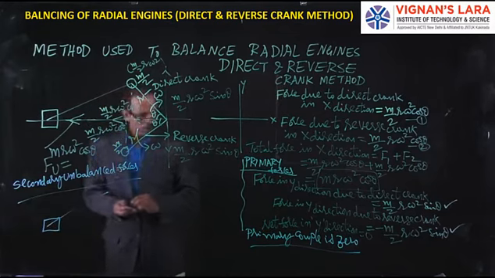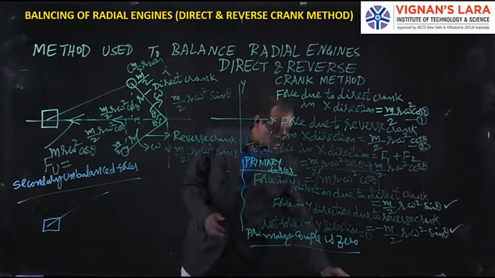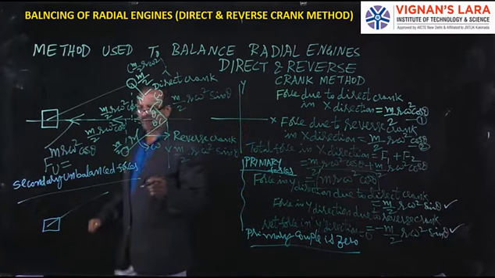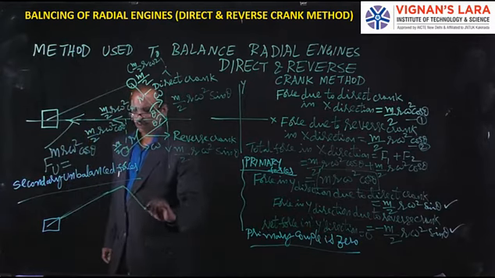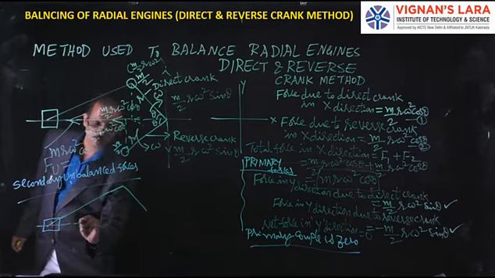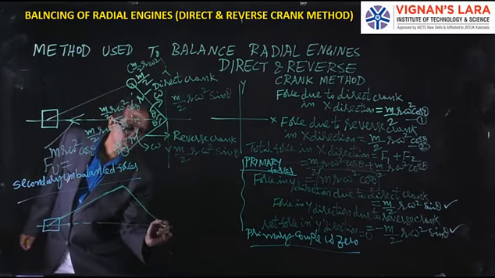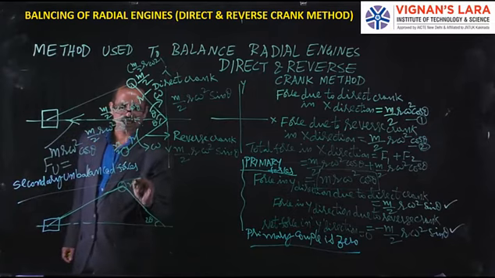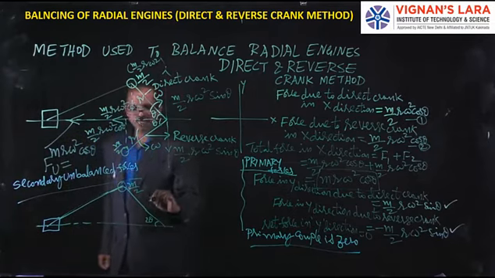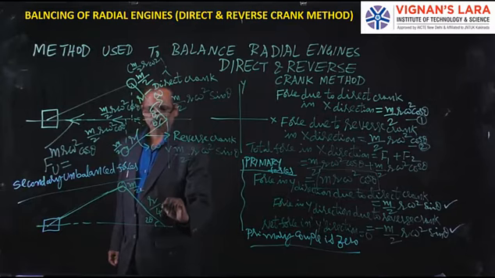Instead of theta, this will be 2 theta, m by 2 is as it is, and this radius will become r by 4n.